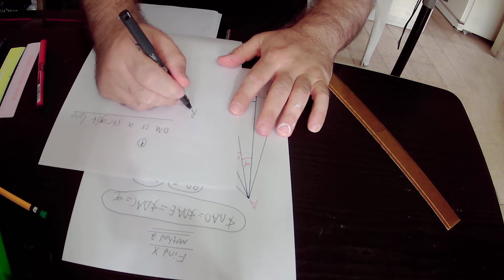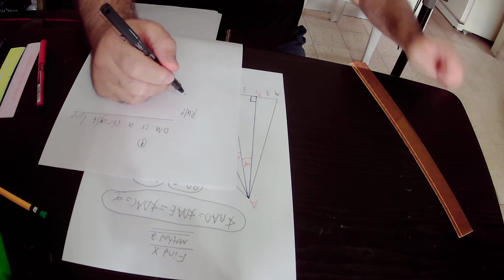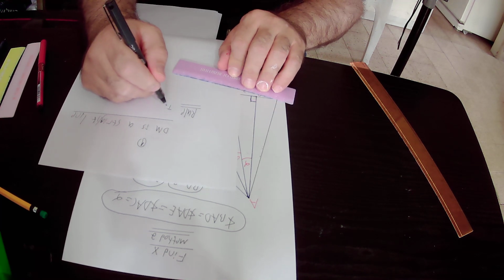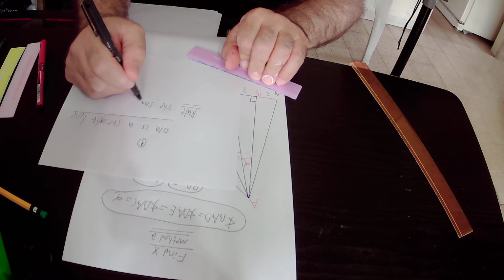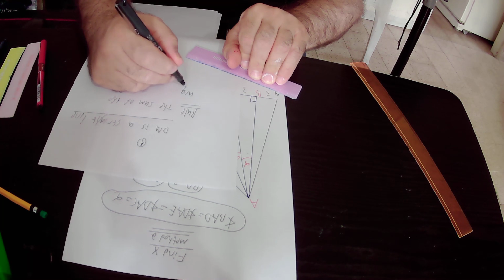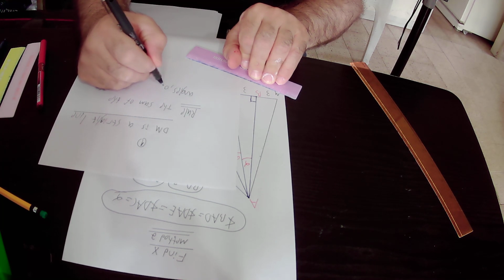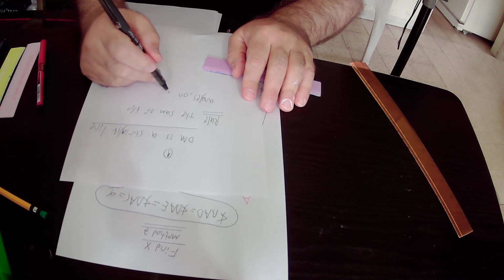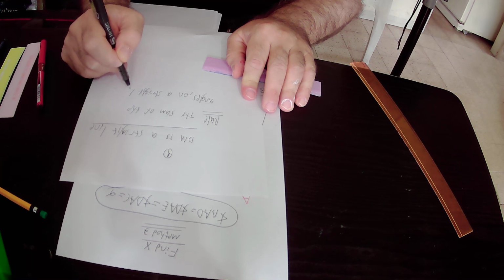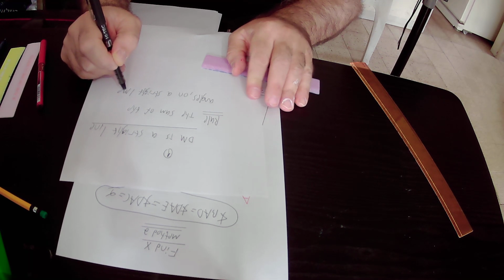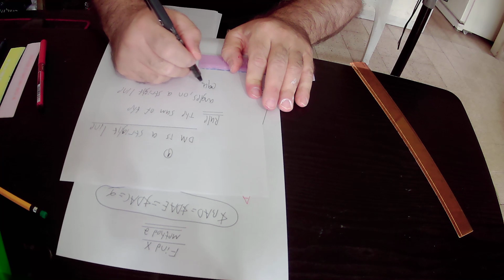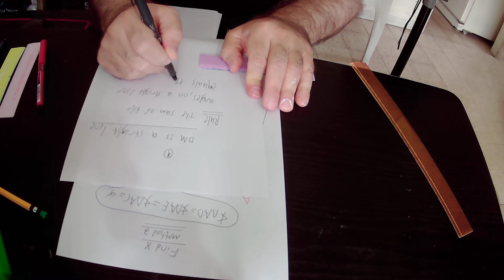The rule states that the sum of the angles on a straight line equals 180 degrees.